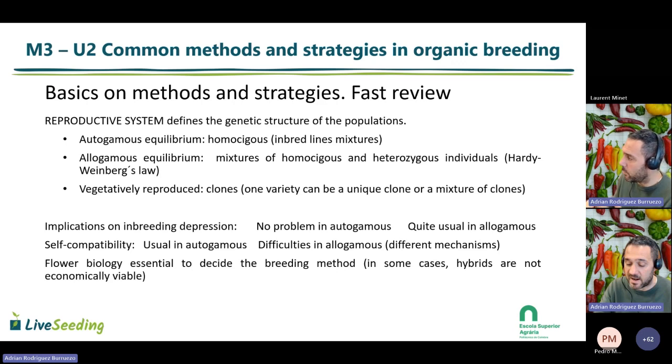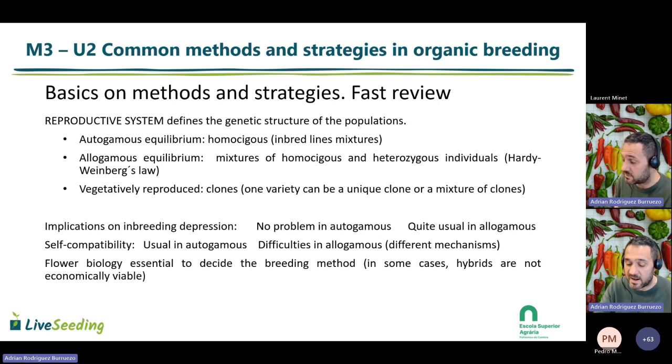these species have other mechanisms of self-incompatibility, okay? Genes of self-incompatibility, which provoke barriers to the germination of the pollen grains in the female flowers, or maybe post-zygotic barriers.